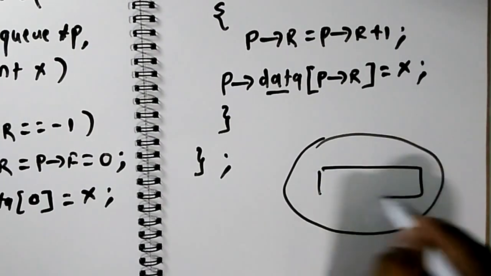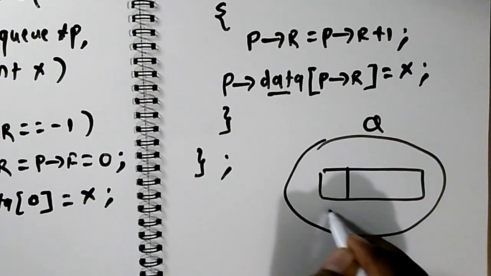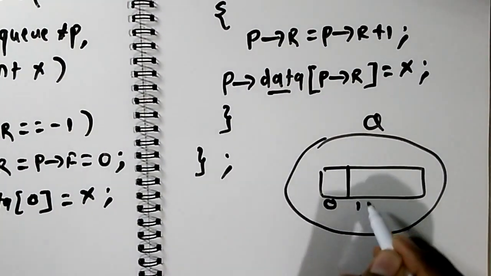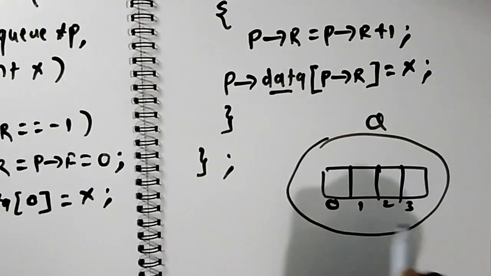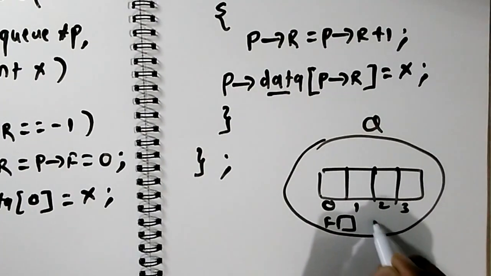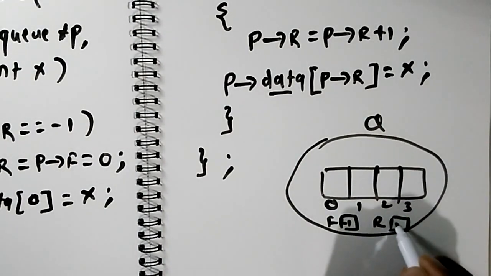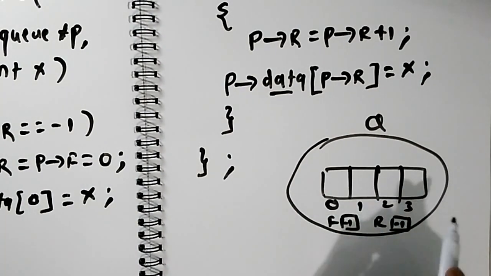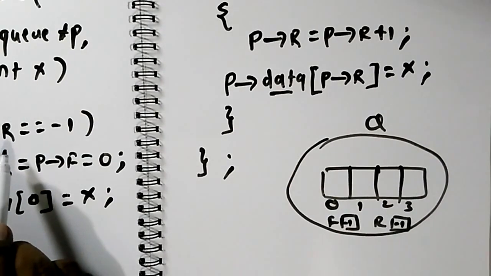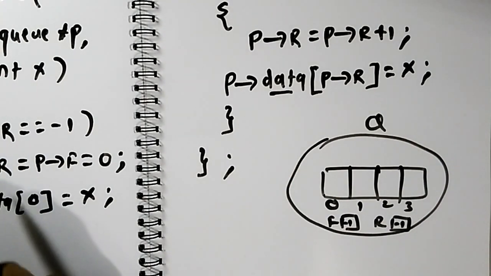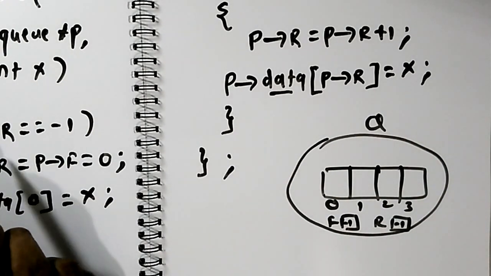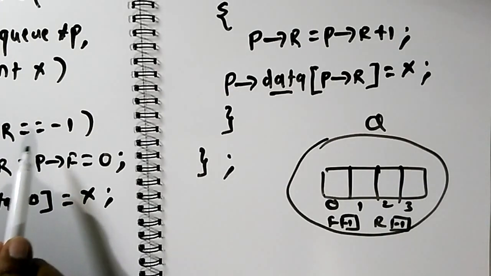So let's see here. If this is our Q, F, R. So initially when Q is empty, F and R will be -1. So in that case, this if will be executed, because rear is -1 means Q is empty.